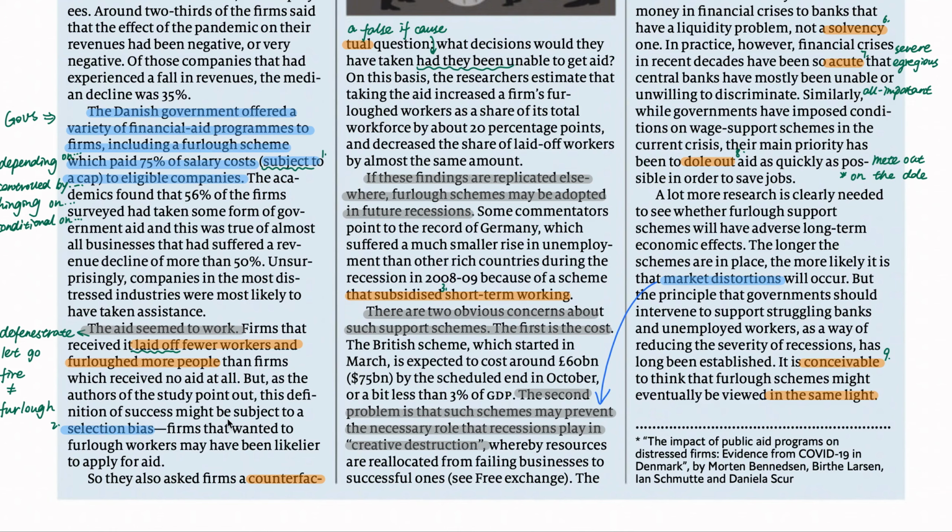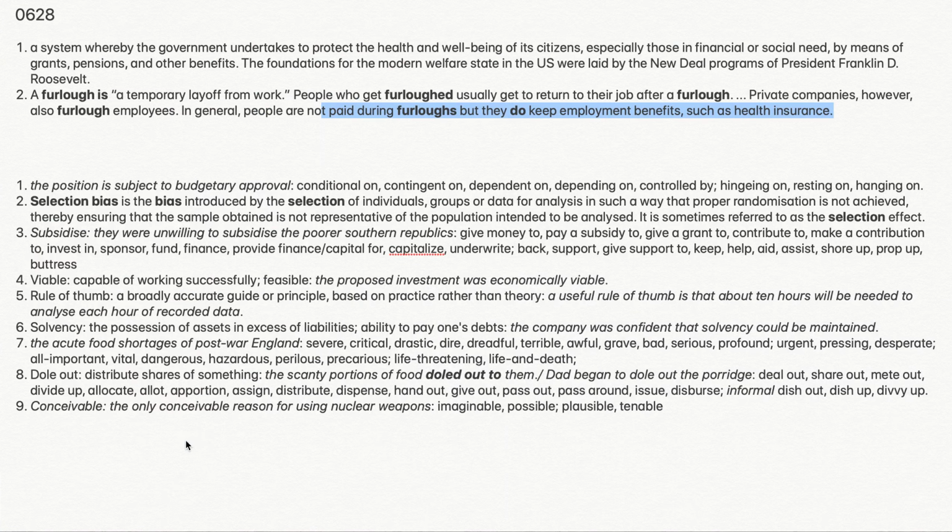Next one, but this definition of success might be subject to a selection bias. Selection bias is a statistic concept, which means the bias introduced by the selection of individuals, groups, or data for an analysis in such a way that proper randomization is not achieved.